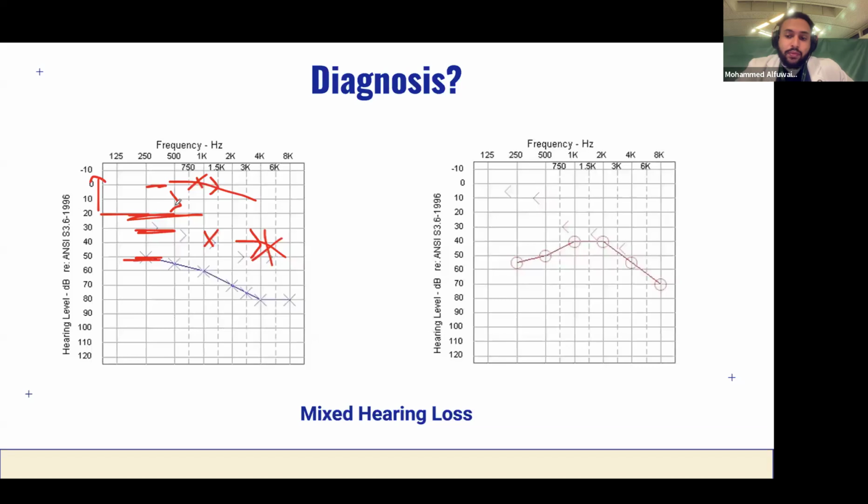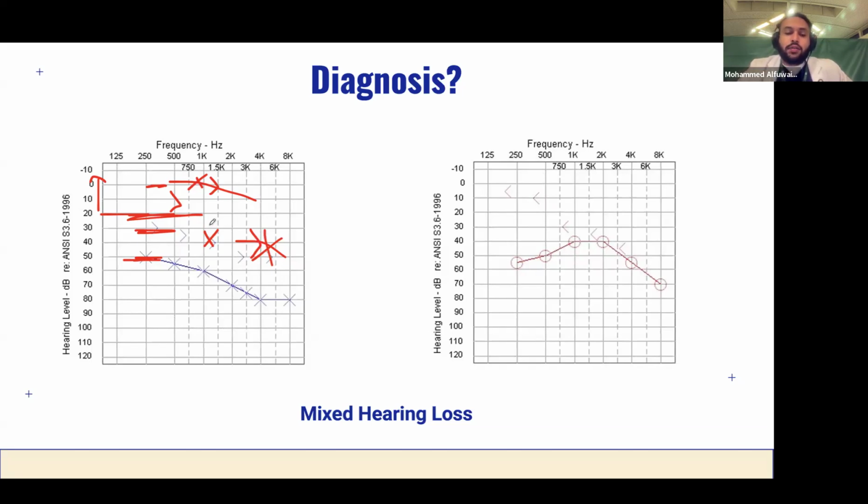This is bone, okay? This is air. Bone is better than air. Bone is normal. This is conductive. Bone being normal tells you that the cochlea is normal. Both bone and air are below 20, below this line, and both are the same. Both are equally affected.